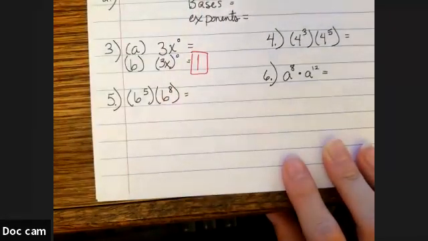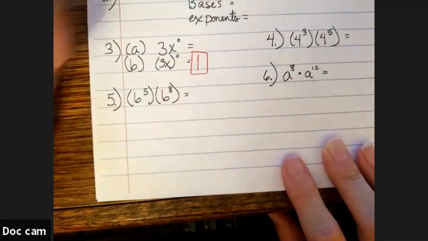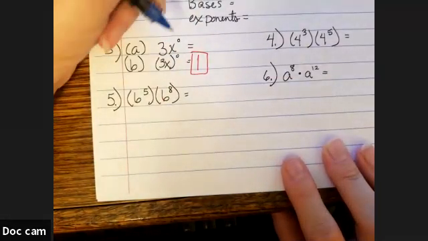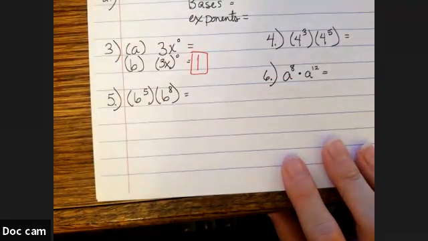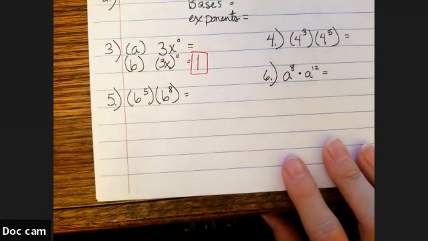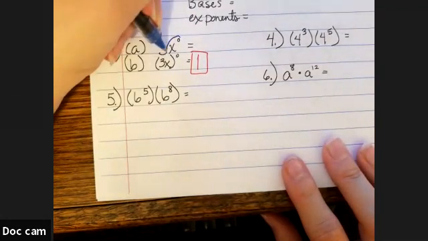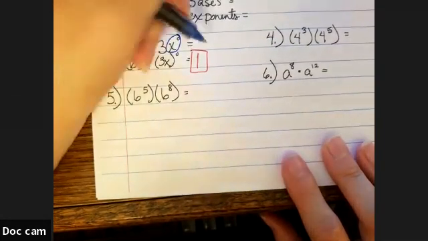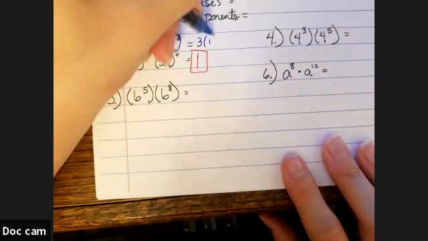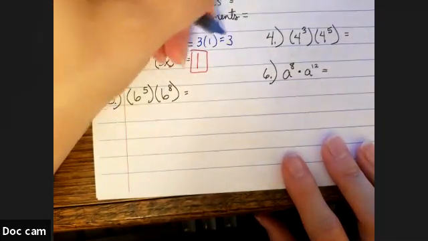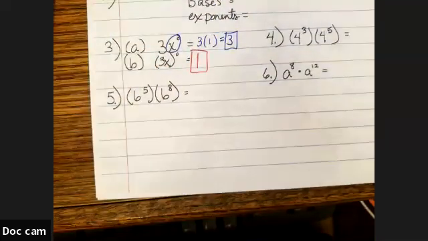Without the parentheses, it's only the x that the 0 exponent applies to. So that part turns into 1, and it's 3 times 1, which is 3.